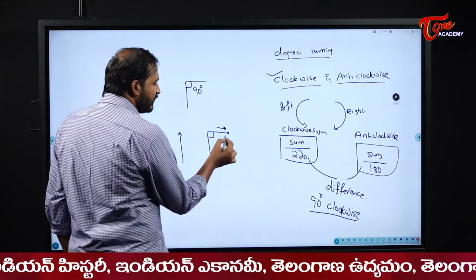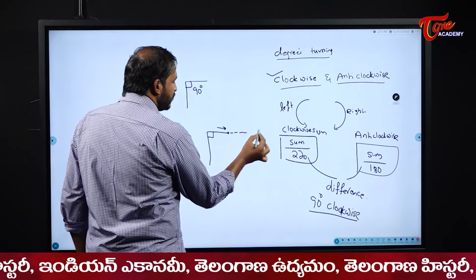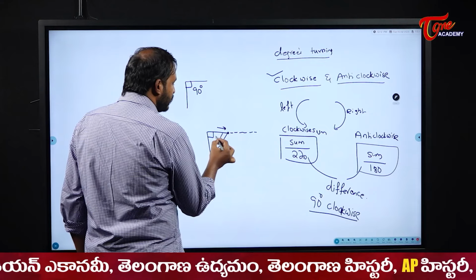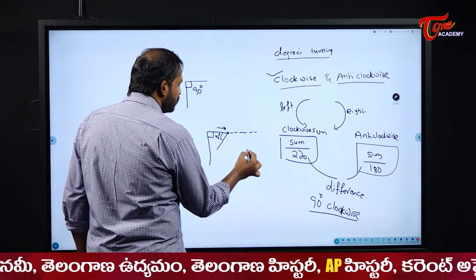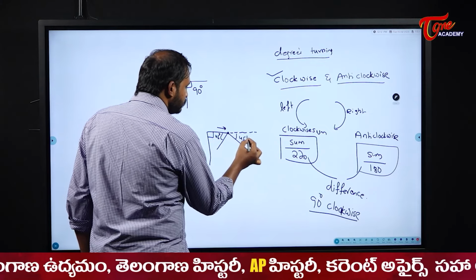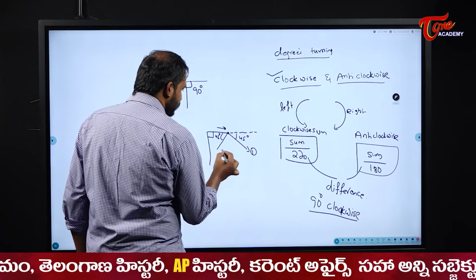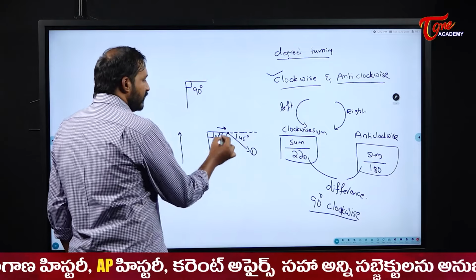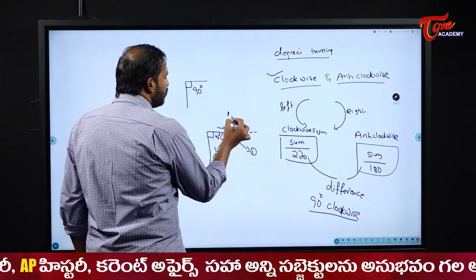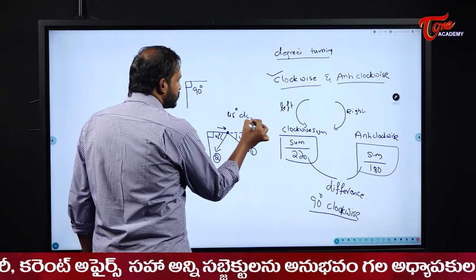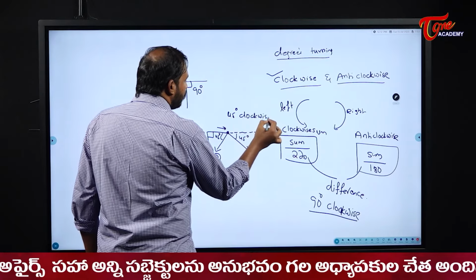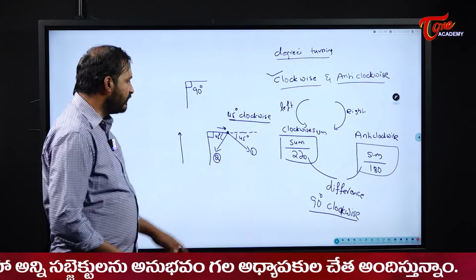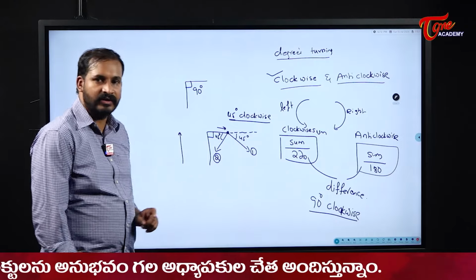So 45 degrees clockwise means, tell me whether I should take this as my answer or this one as my answer. This first position or second position. After coming to this, he is moving 45 degrees in clockwise. Tell me which direction I should consider.